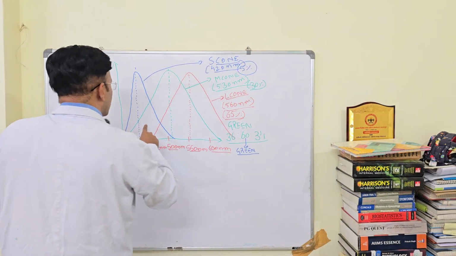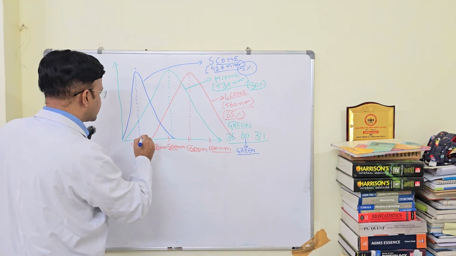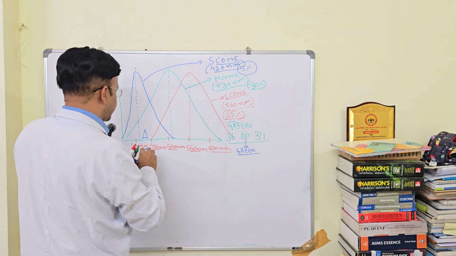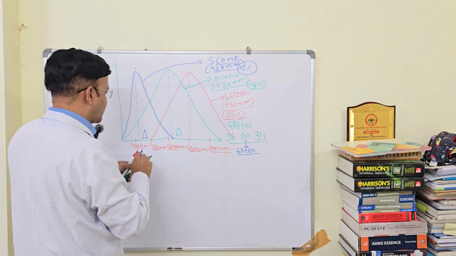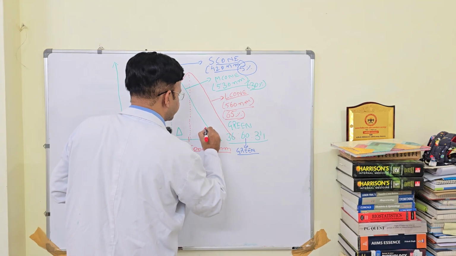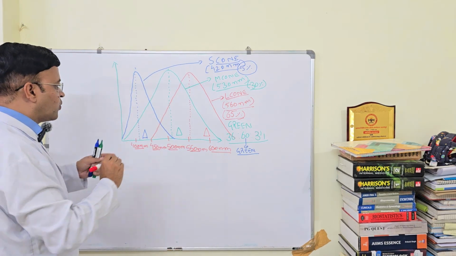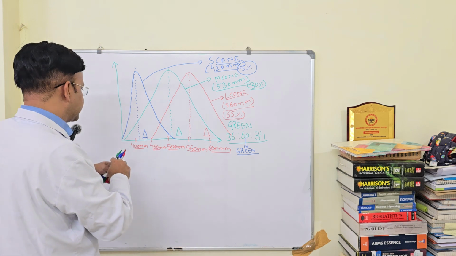Now, let's suppose we draw some hypothetical cones over here: our blue cone, our green cone, our red cone. Where will all the messages from these cones go?